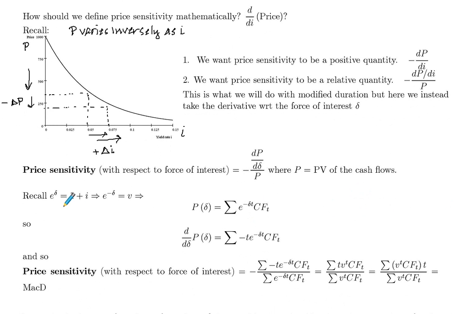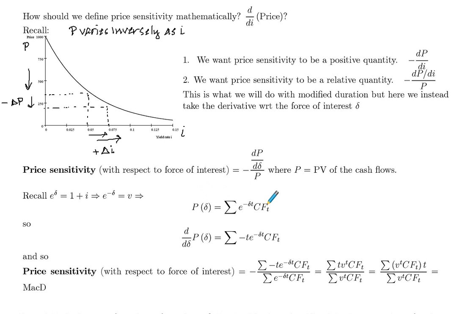Recall that when we had a constant force of interest delta, e to the delta was equal to 1 plus i. That means e to the negative delta is v; we just took the negative 1 power on both sides. So if we want to compute the price, or the present value, of a series of cash flows under a constant force of interest delta, I've written this as a function P of delta, the present value at a force of interest delta.